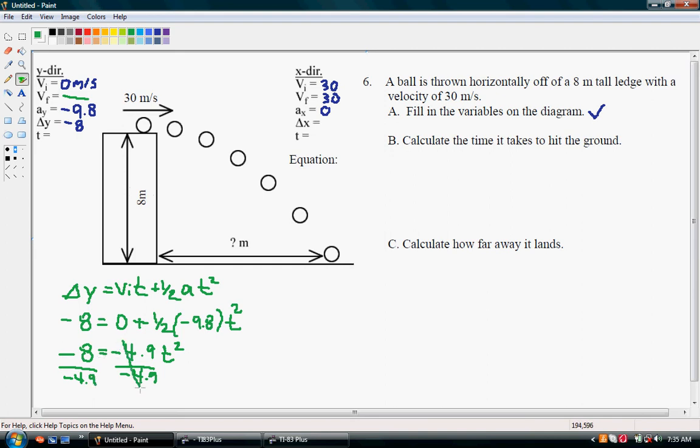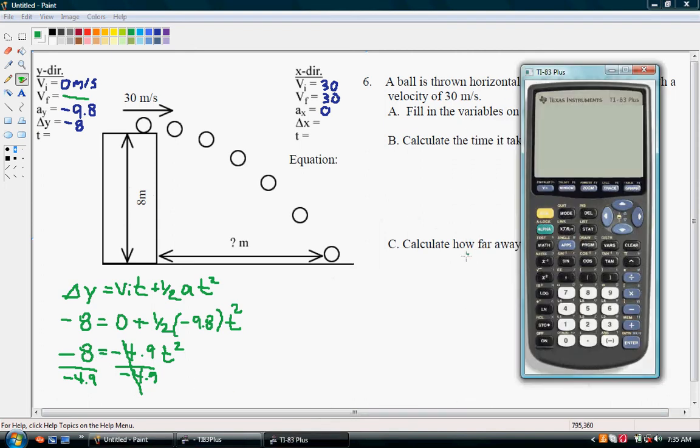This cancels out. Negative 4.9 over negative 4.9 is just 1. So all we have to really worry about is negative 8 over negative 4.9. So we're going to grab our calculator. And we're going to put in negative 8 and divide that by negative 4.9.